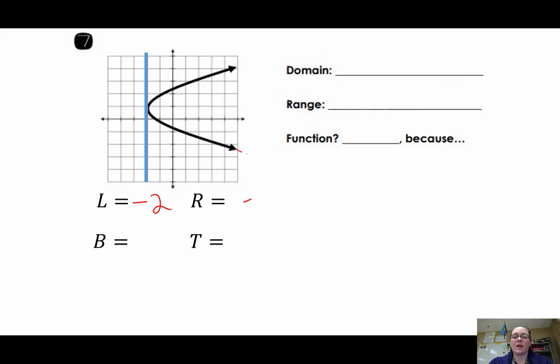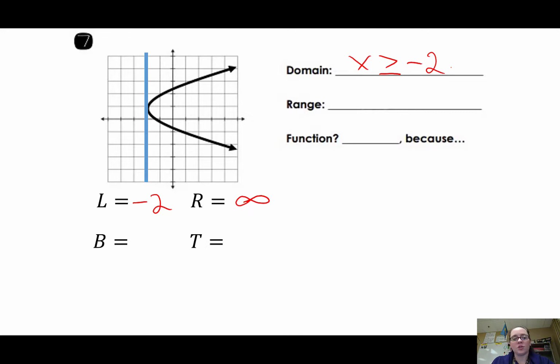If I kept following that out, it's going to keep going and going and never stop. So the right goes to infinity. So my domain is x is greater than or equal to -2, because we're going to go to the right forever.